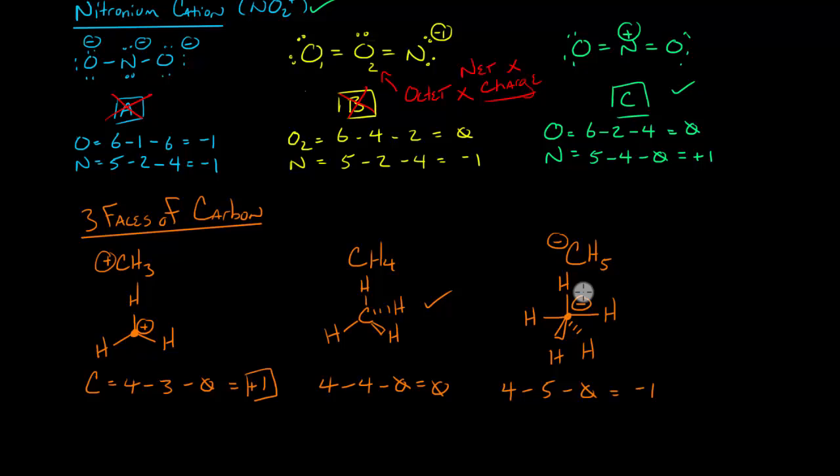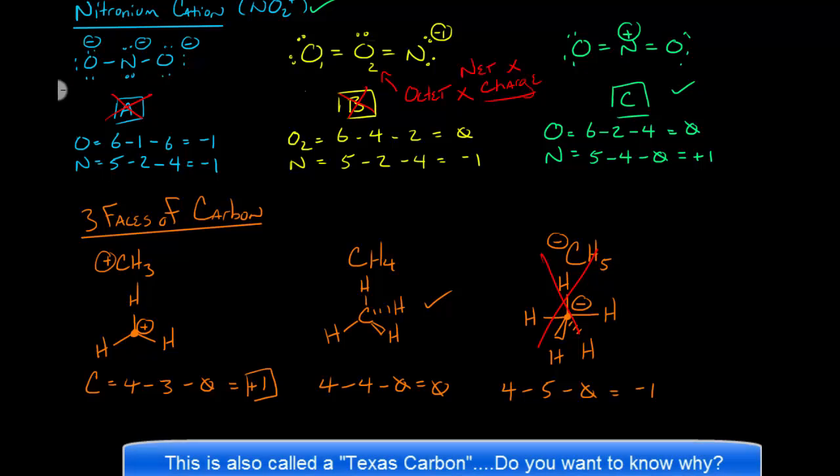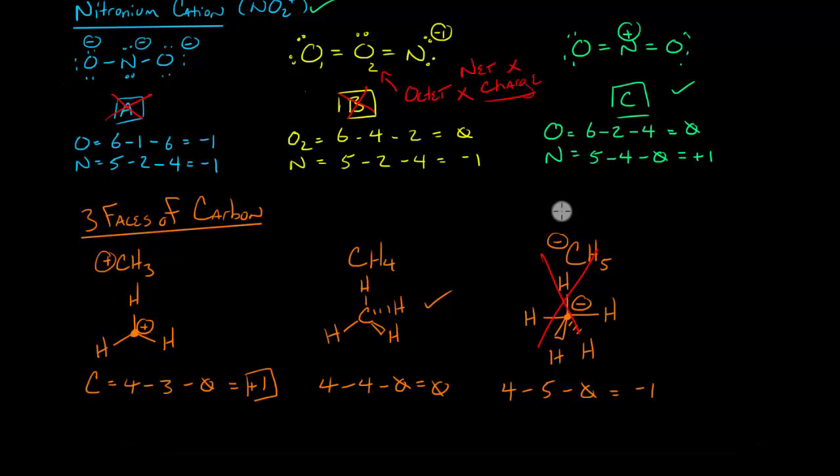If you count all of the electrons surrounding this carbon, we have a total of 2, 4, 6, 8, 10 electrons. These 10 electrons exceed the octet rule, so this molecule will never exist. It's impossible for carbon to get this kind of configuration.